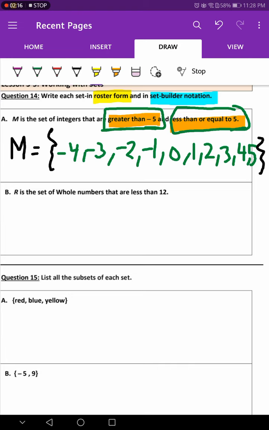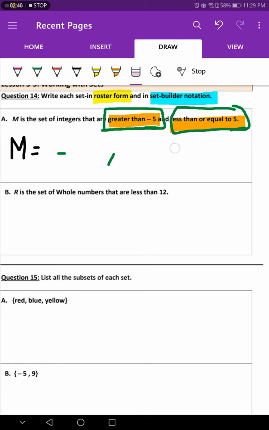So what we call this way, when we mention the elements under the condition given as greater than -5 and less than or equal to 5, we call it roster form. Now if I want to write it in set builder notation, you have to follow me.